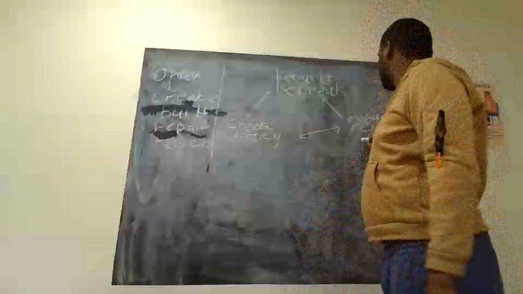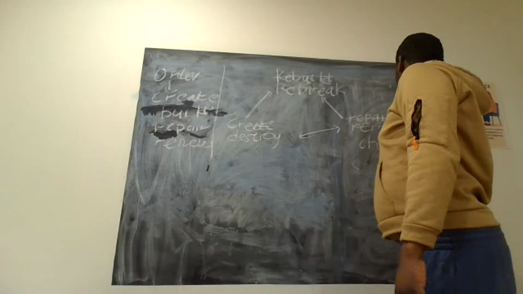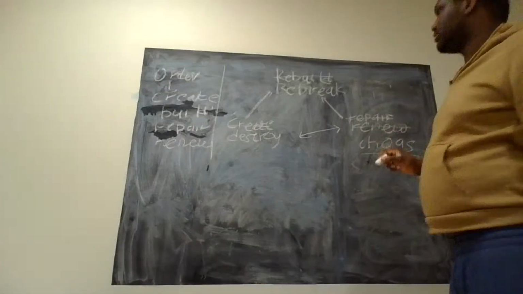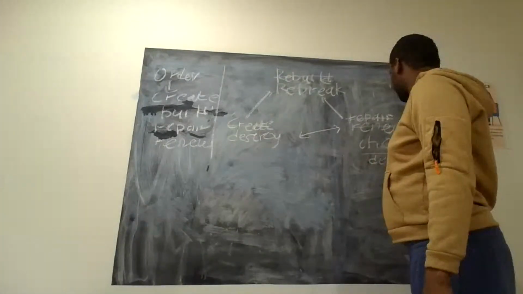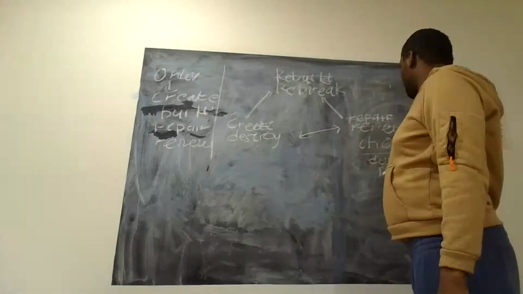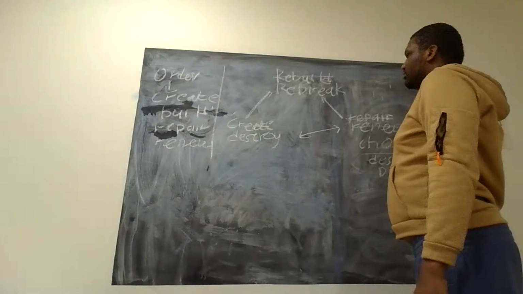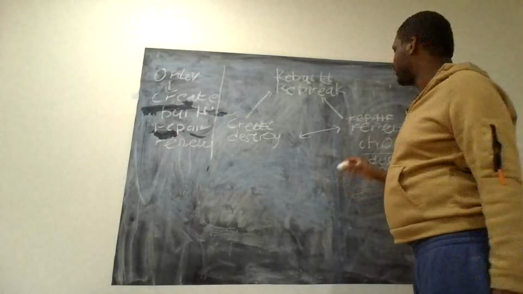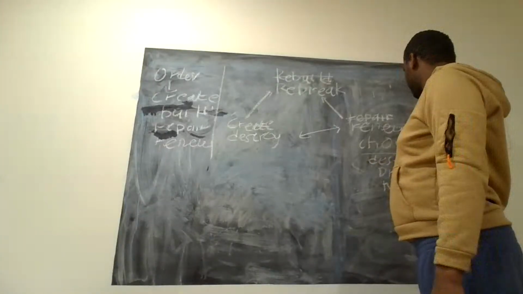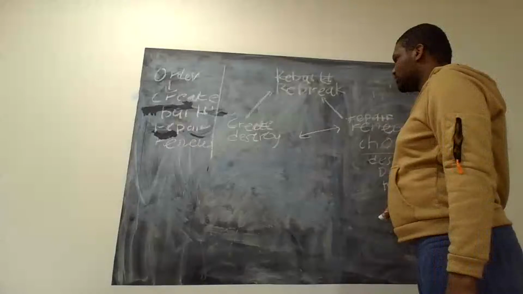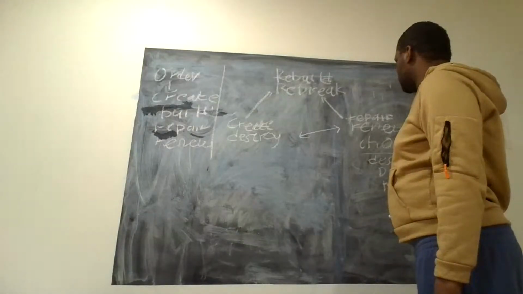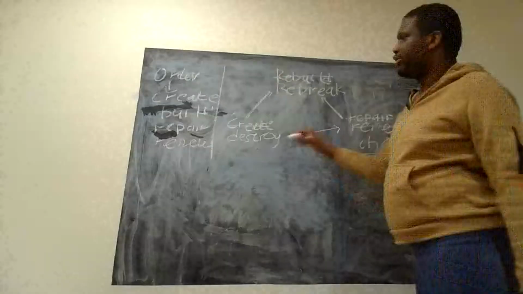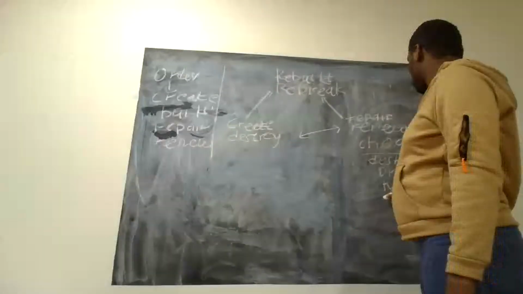There's no math in here yet, but this is the order sequence, this is the order of it. So then you get the opposite, which is the chaos on the system. So you get create, destroy, break, repair, renew, and repair, renew, and repair.